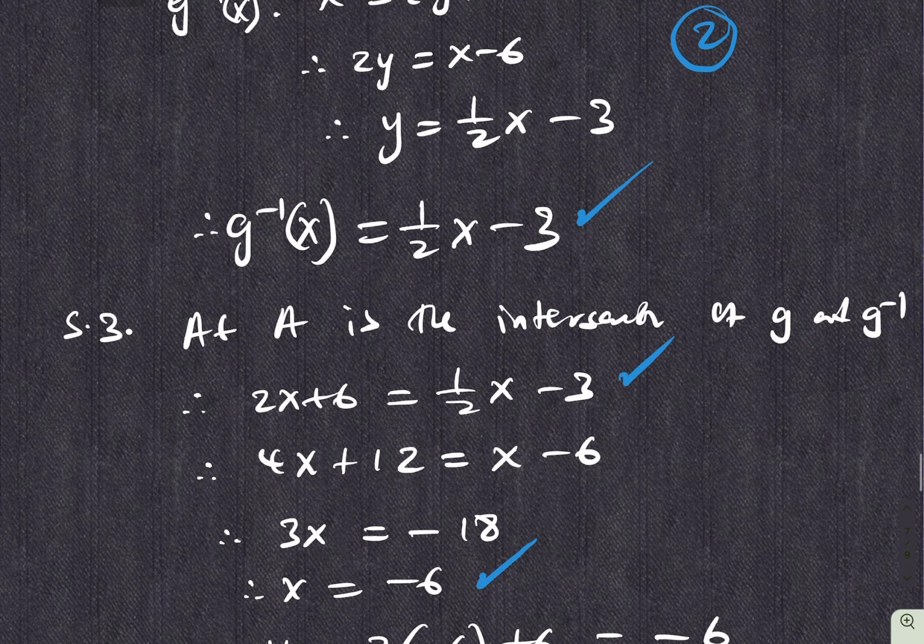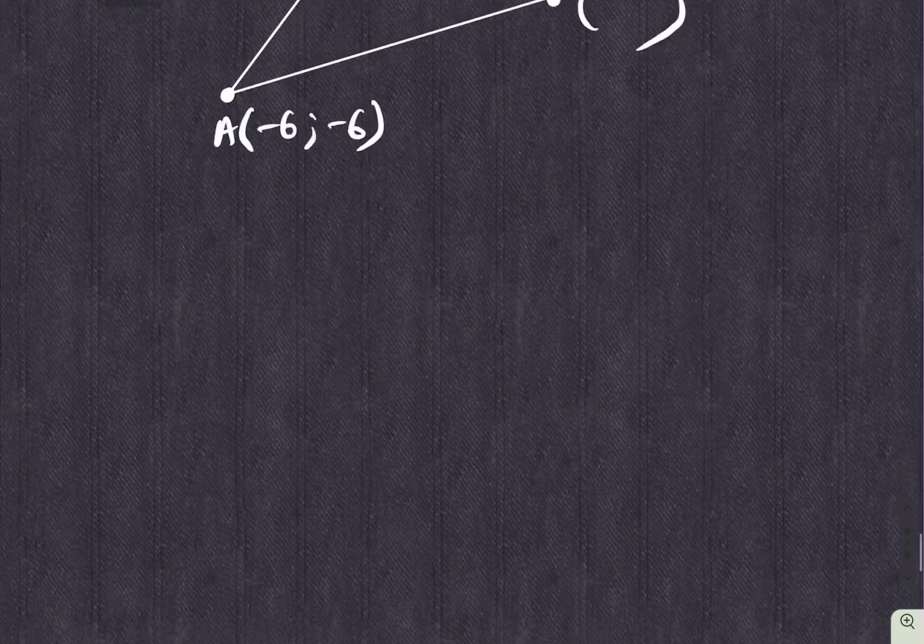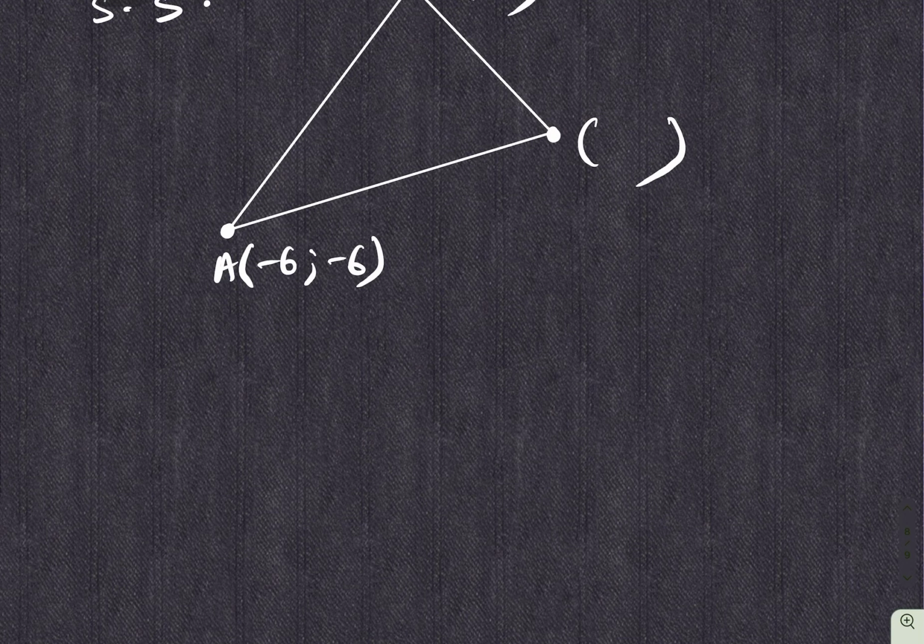So this is the G inverse. The G inverse was 1 over 2x minus 3, and I want to find the x-intercept here.